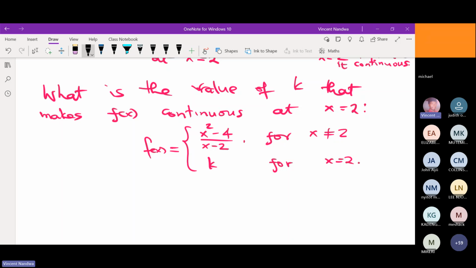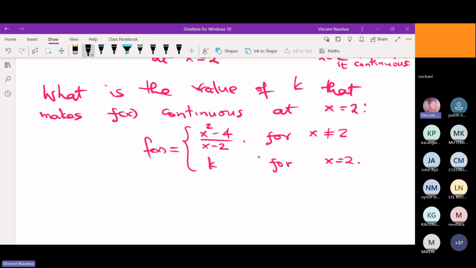So if you remember the definition we gave for the limit at a point x equals c or x equals a, we are interested in the value of the function as we get closer and closer to the point x equals c, not necessarily at the point c itself, but how the function behaves as we get nearer and nearer to the point c.